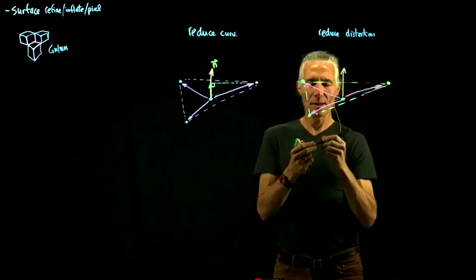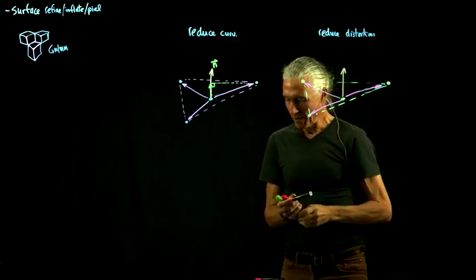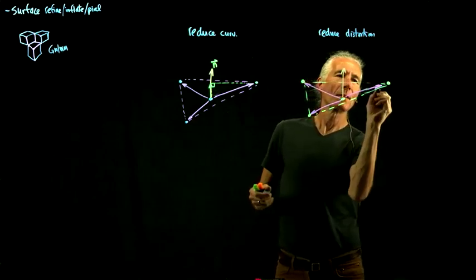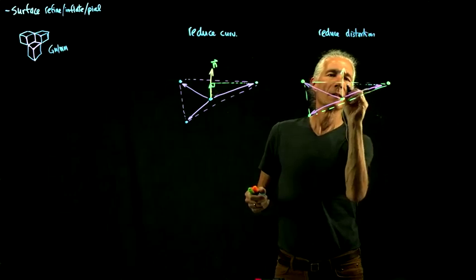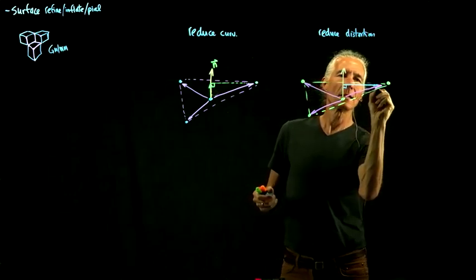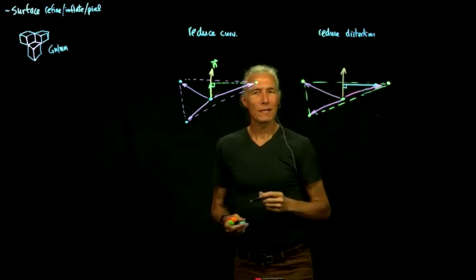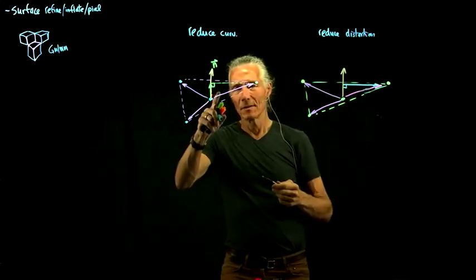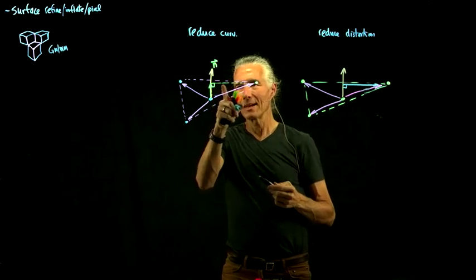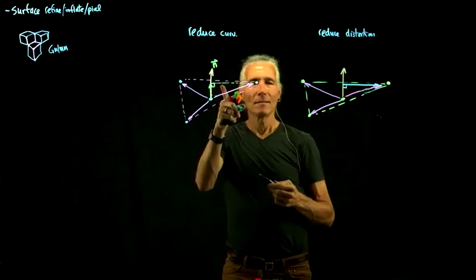So if you do the perpendicular projection onto the normal, so here, find that guy. That's the other leg of this triangle here.